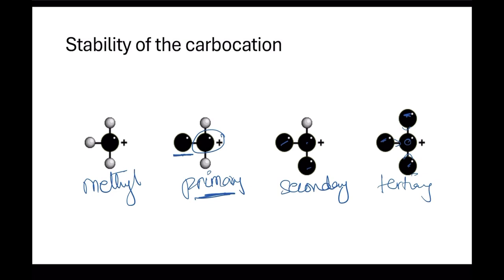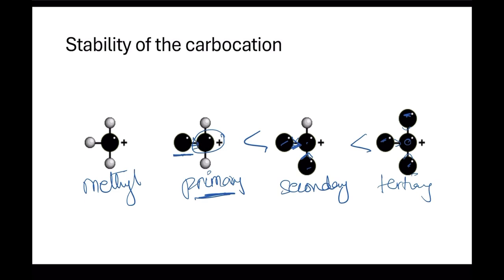They stabilize the positive charge, right? So this is the most stable. Now this is more stable than a secondary, because secondary, I drew the arrow reverse. Secondary has two carbons to lean on, right? It has two good friends. So it's more stable than my primary. My primary just has one poor friend to lean on.